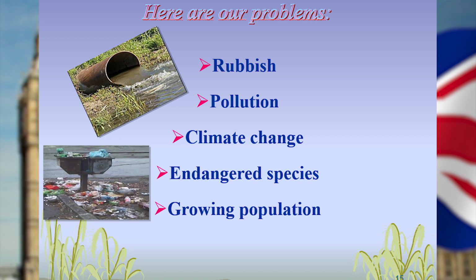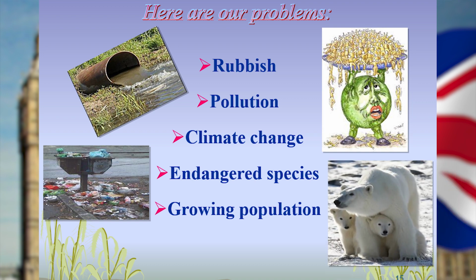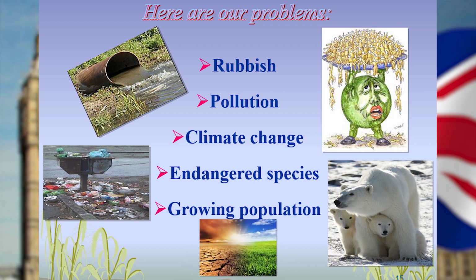The next picture. There is a lot of rubbish here. That's why the word is rubbish. The next one. What is it? Growing population. You are right. The next. Polar bears are in danger. So, they are endangered animals or endangered species. And the last picture, it is climate change, as you can see.